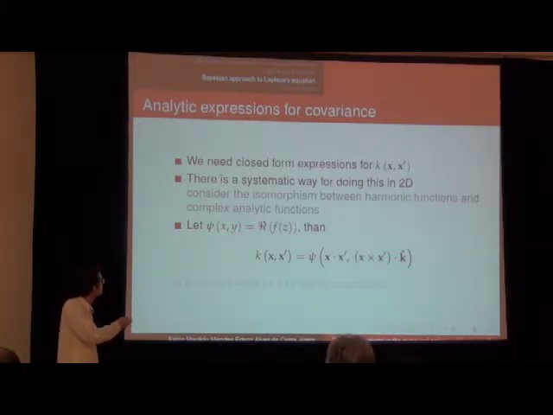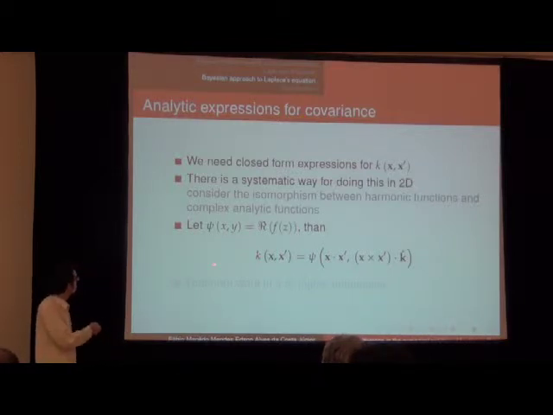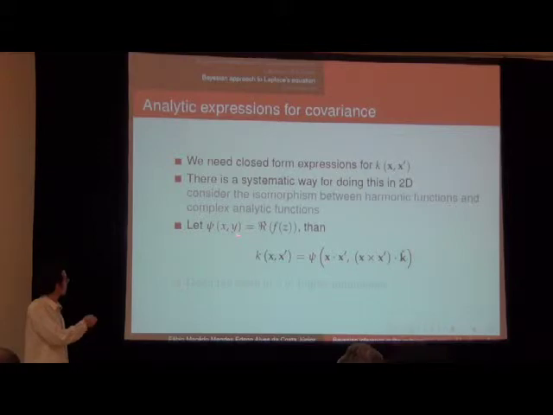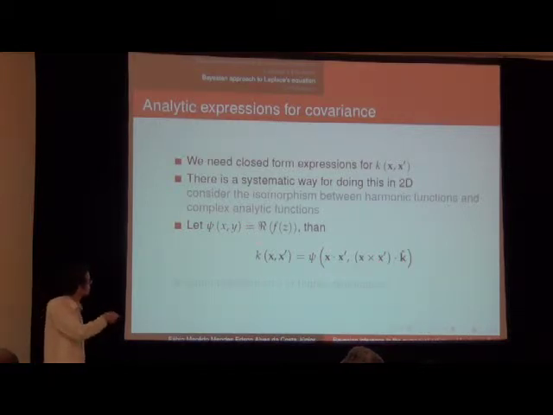When you write your kernel like this, that is, instead of the real argument you put the dot product of the 2 arguments of the kernel, and in the imaginary part you put the vector product of these vectors, you get a valid kernel.